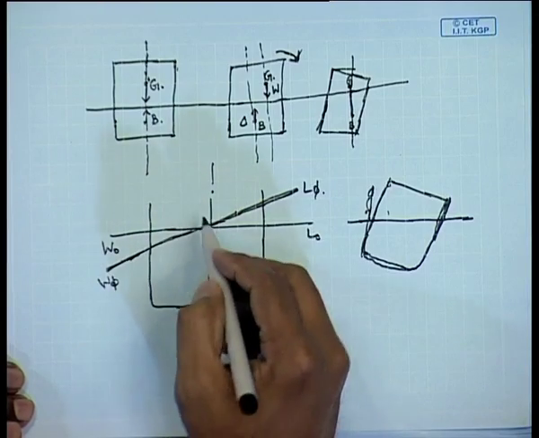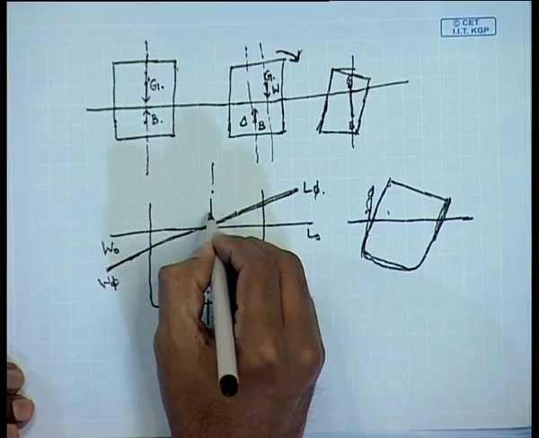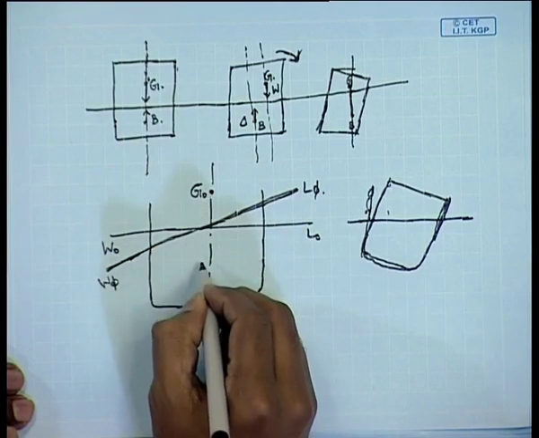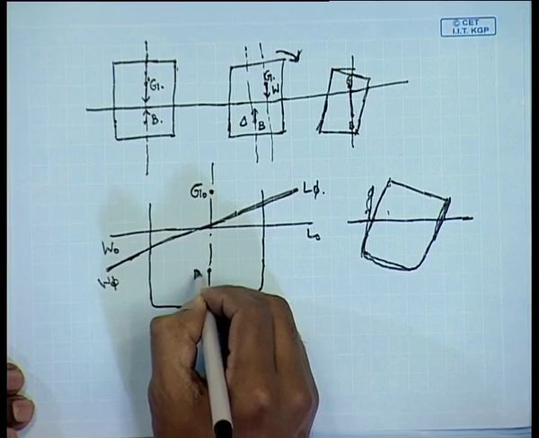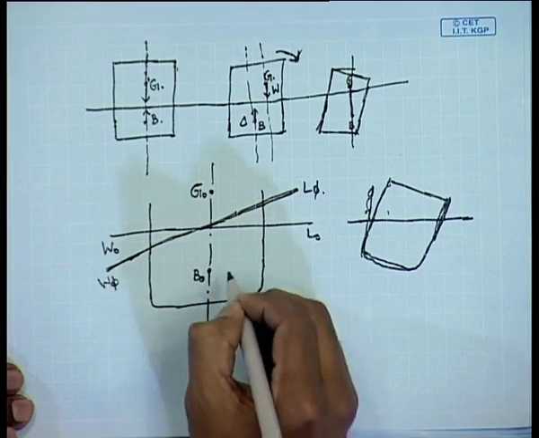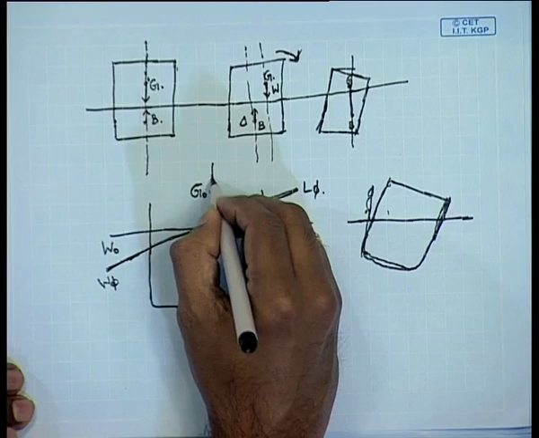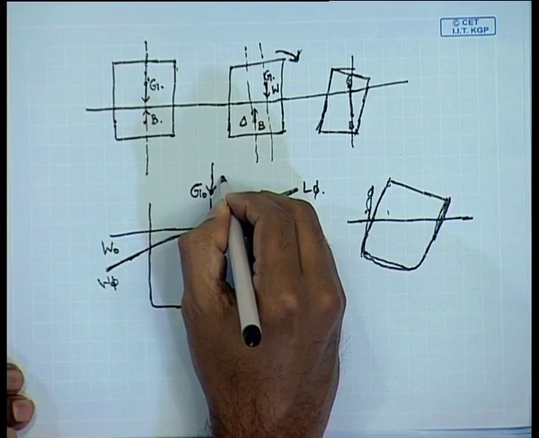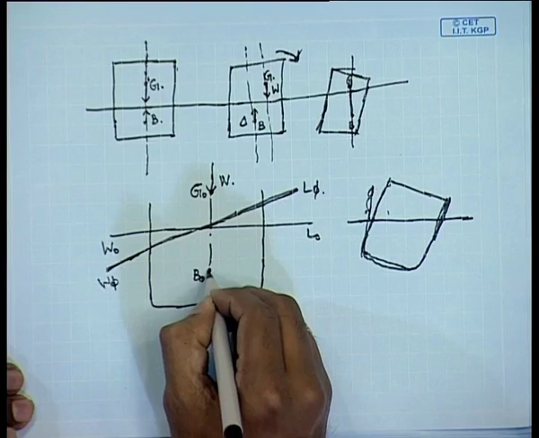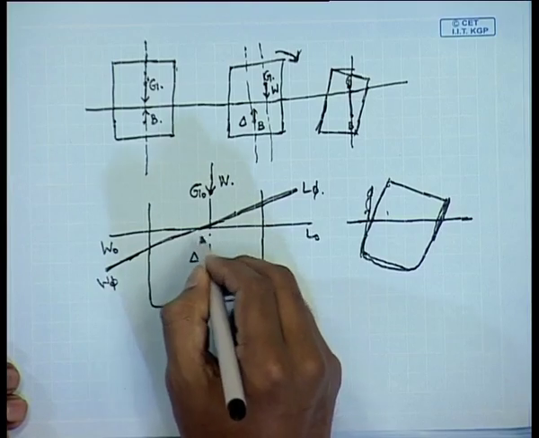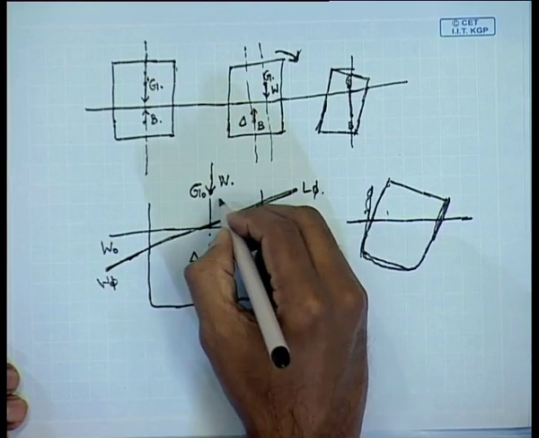Initially we have G here, known as G0, and at this point B0. Here you have W, the weight of the ship acting, and delta, the buoyancy force acting upwards.